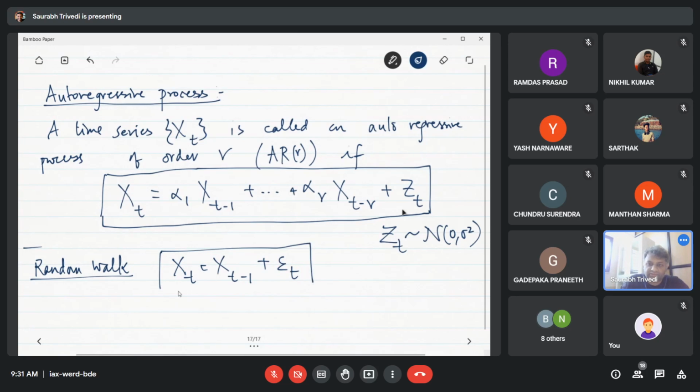This is an example of an autoregressive process of order 1.